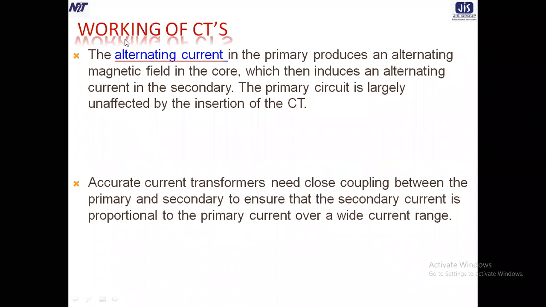Now, the working of the current transformer, or you can say how the current transformer works.